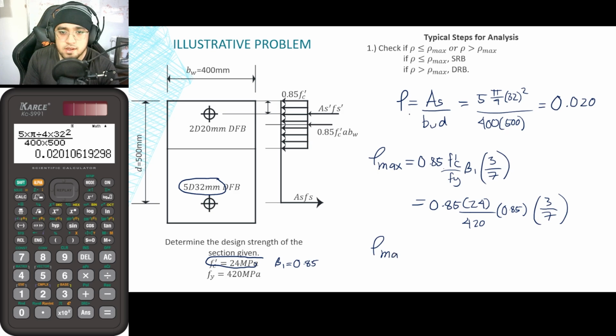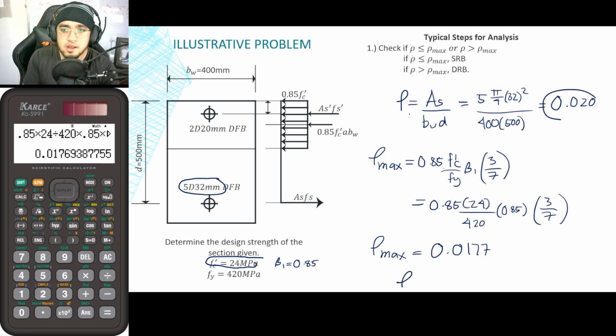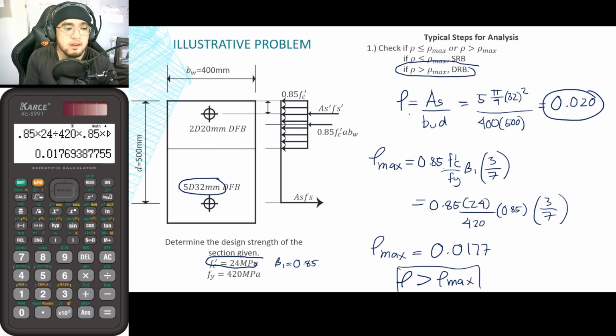From the calculator, the value of our rho max is 0.0177. As you can see, since the value of rho is greater than rho max, we do not have any choice other than to solve this problem using DRB.